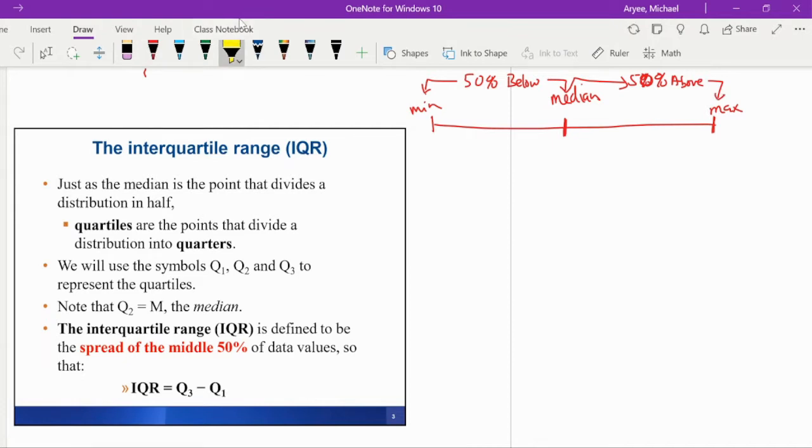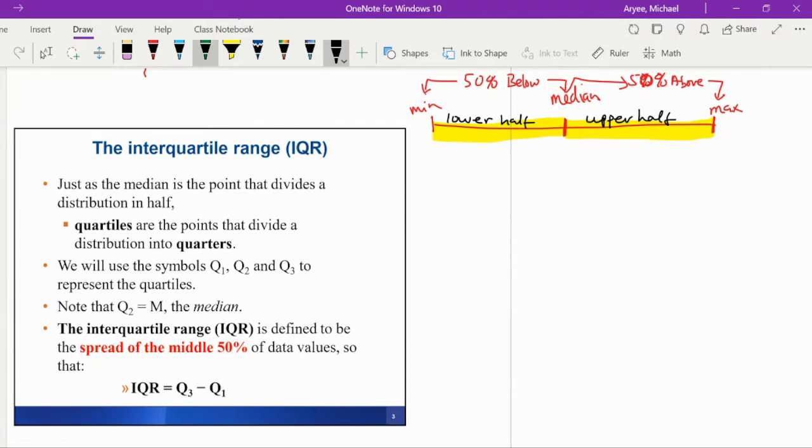So usually we call this portion the lower half, and we call this side the upper half. So the median separates the data into two equal parts so that you have 50% of your data values below the median value and 50% of your data values above the median value.